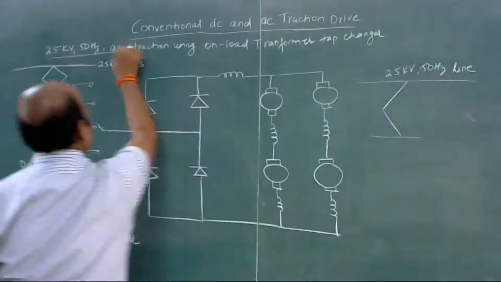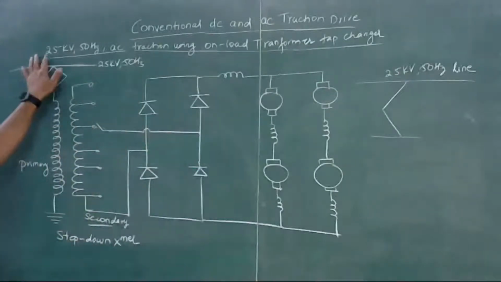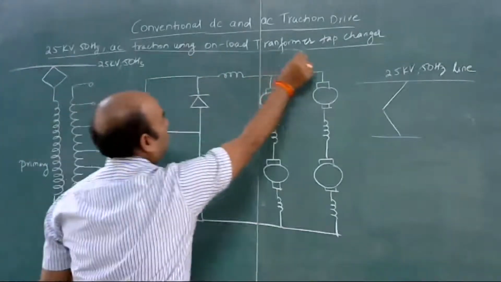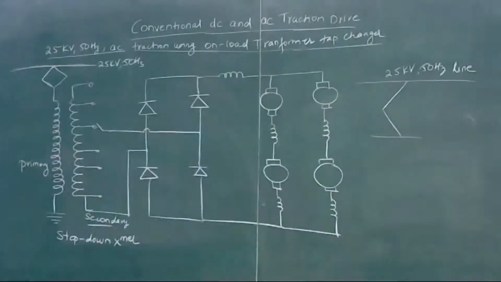So first we will start with the first drive. It is a 25 kV 50 hertz AC traction drive using on-load transformer tap changer. So this is the 25 kV AC traction locomotive, and this is the on-load tap changer.